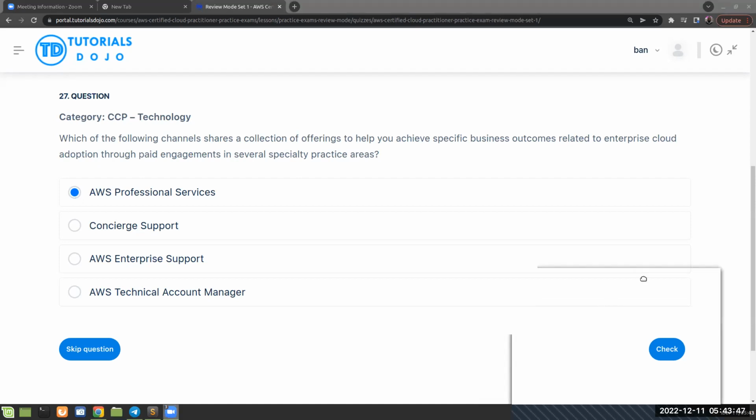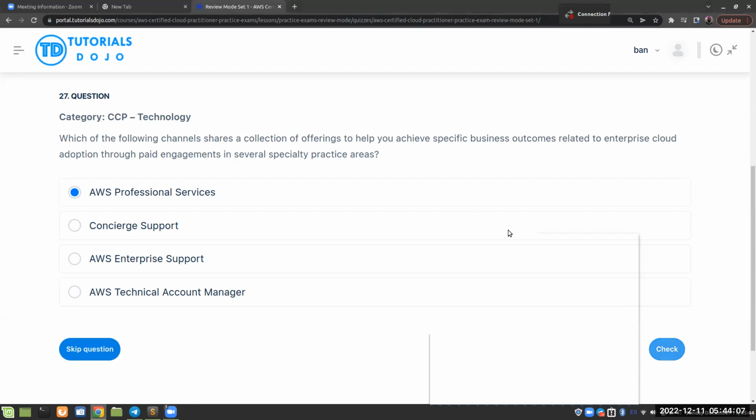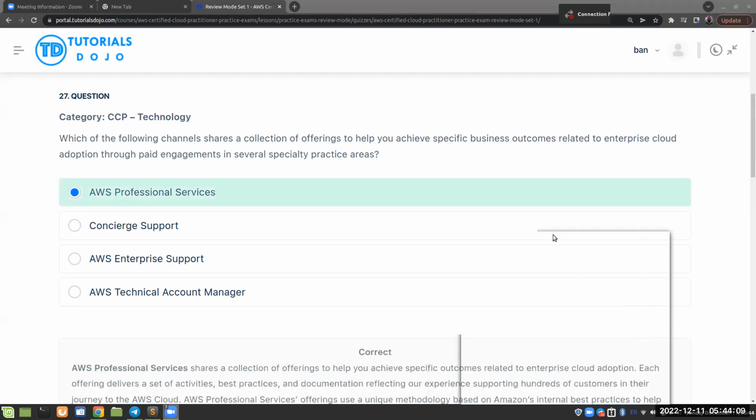Any support or different view? Every other person is quiet. Okay, so let's check and see if this is correct. And it's indeed correct.